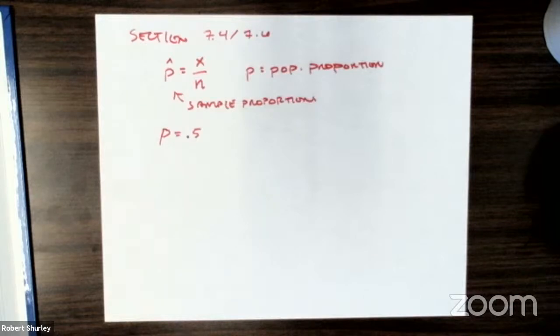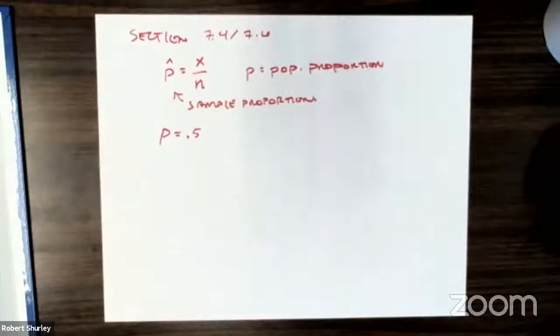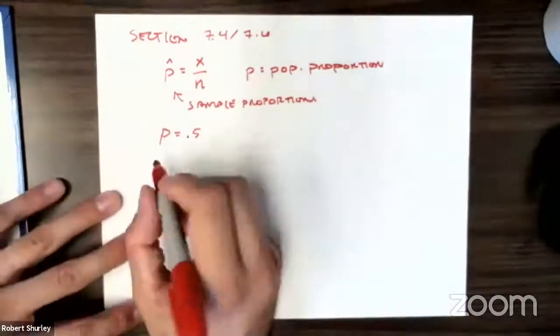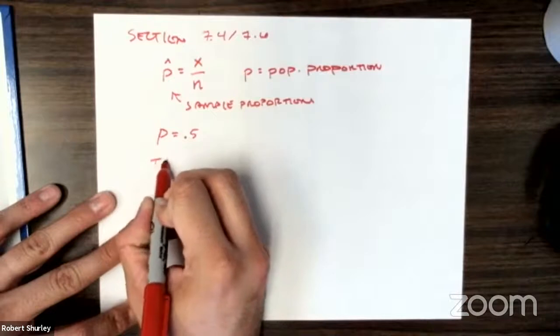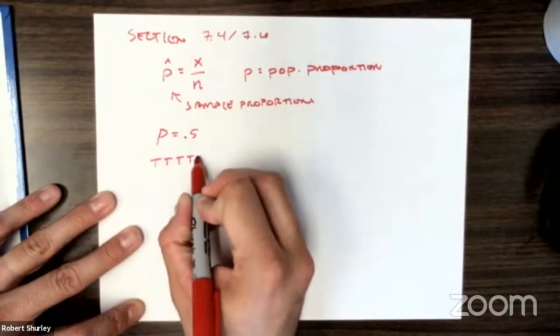There are 32 possible samples, and the book goes over this. I'm not going to rewrite it. It's on the bottom of page 328. In the table there, 7.2 lists them and presents the sample proportion p hat of heads for each one. If you had all tails, p hat would be 0. If you get all tails on your flip, you're just extremely unlucky if you're trying to get heads.